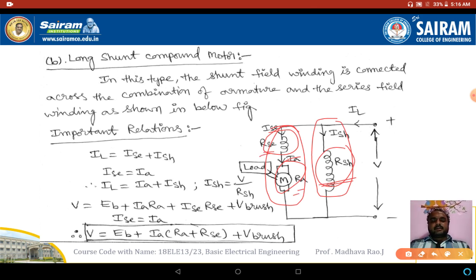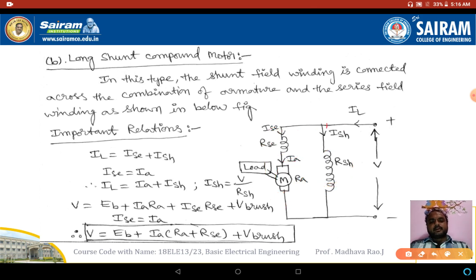Coming to the important relations, if you apply KCL at this point, IL is equal to ISH plus ISE. IS is equal to IA, so IL is equal to IA plus ISH.